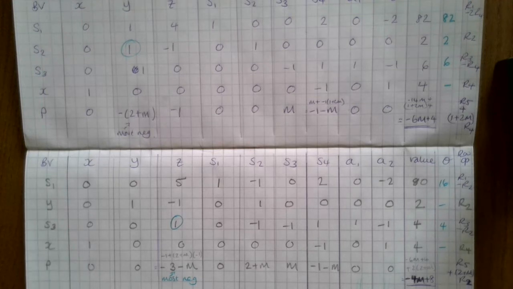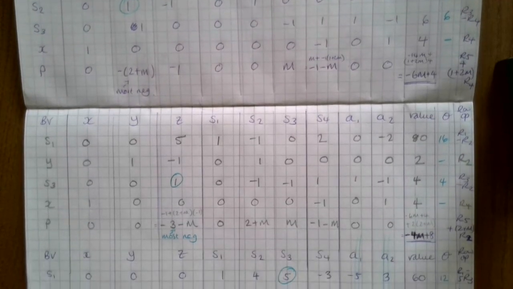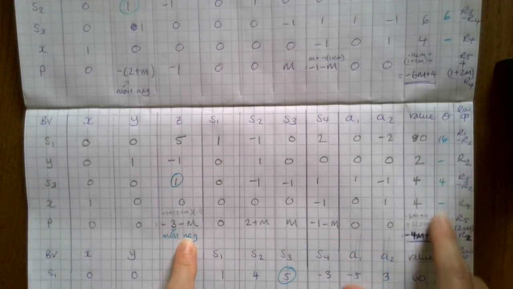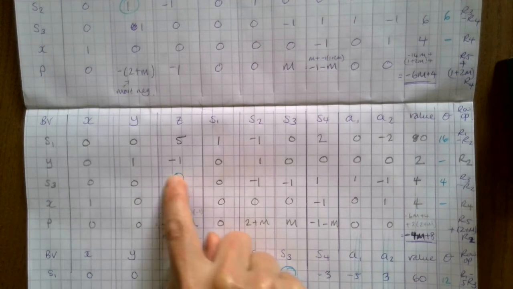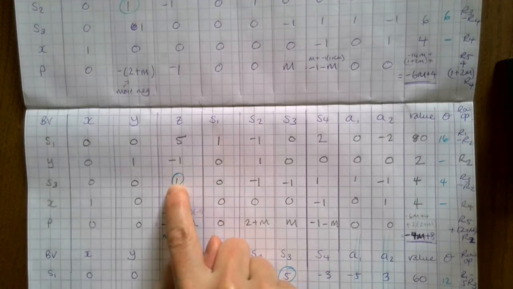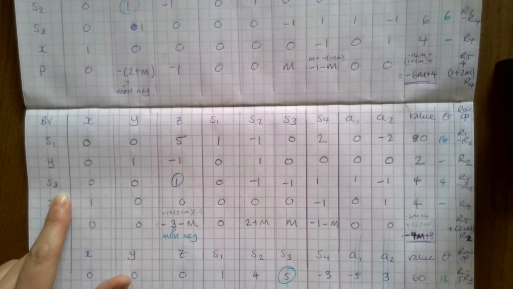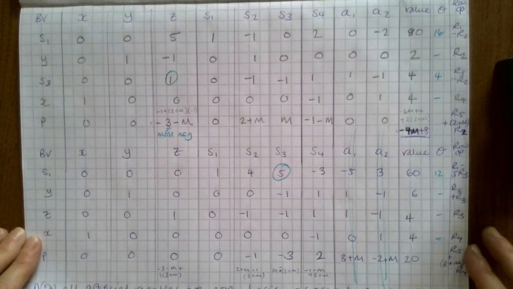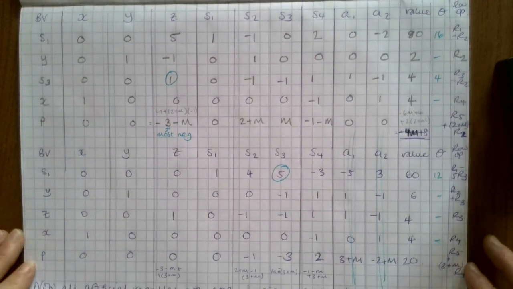So again, I've found the most negative is the Z column here. Worked out my ratios, that's the smallest positive. That's my pivot element, so the S3 becomes a Z. And this is my fourth tableau here.